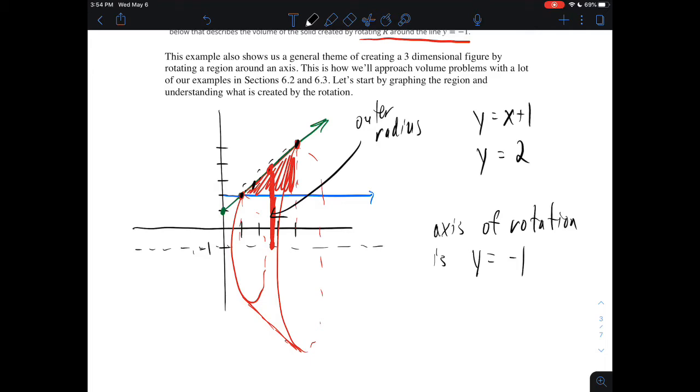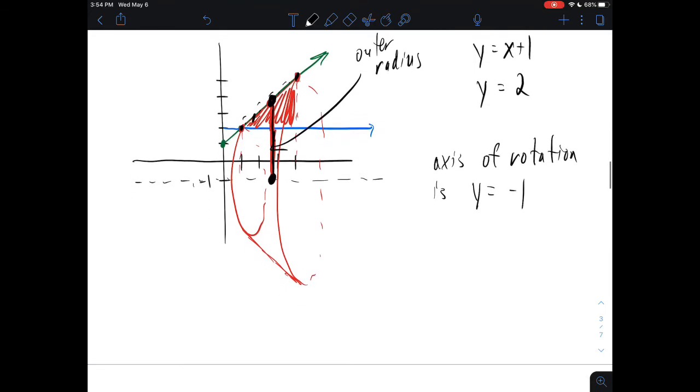So how could we figure out what that outer radius is equal to? It has to be a function. Very easy. Just think that you are taking a y value that's on the line and you are subtracting a y value that's on the axis. How do I know that I'm subtracting two y values? Because this is a vertical line.